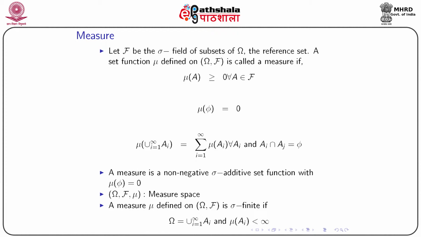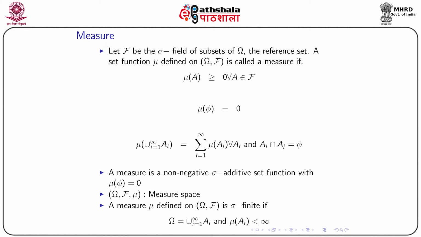Non-negative and sigma additive, these are the two very important terms to define a measure. And omega, script F and mu, this triplet together is called a measure space.